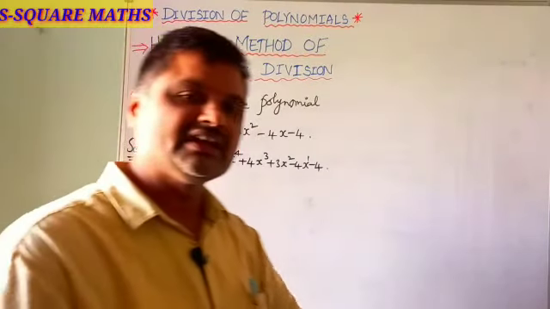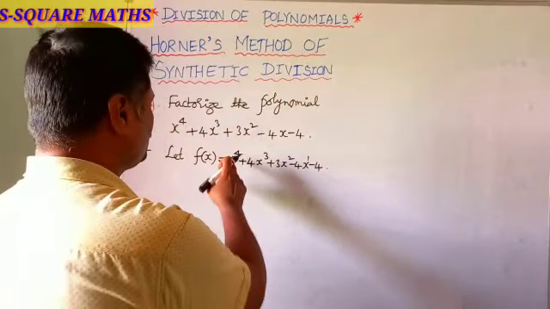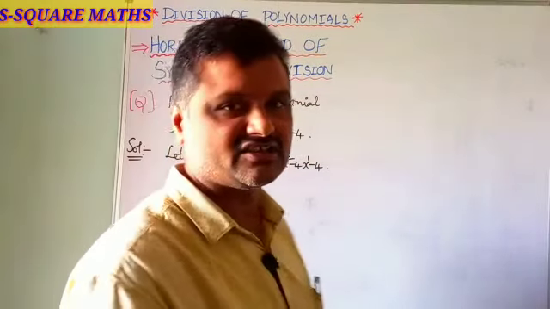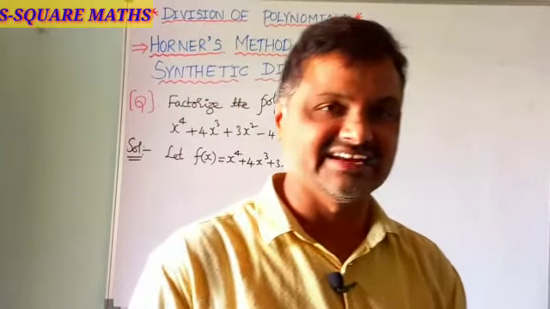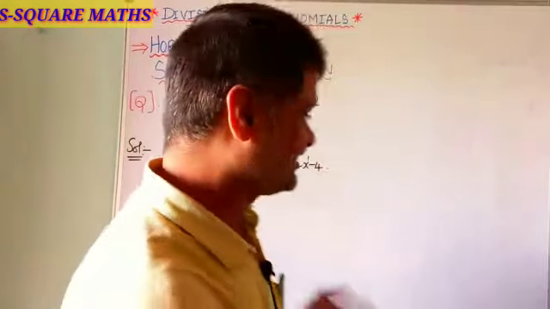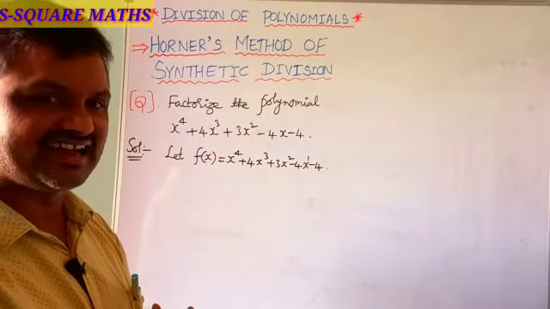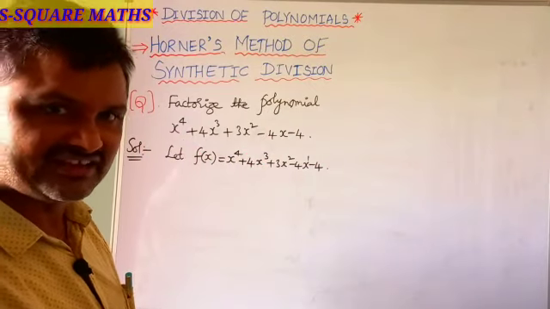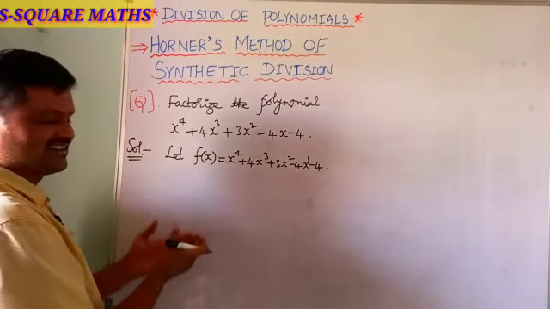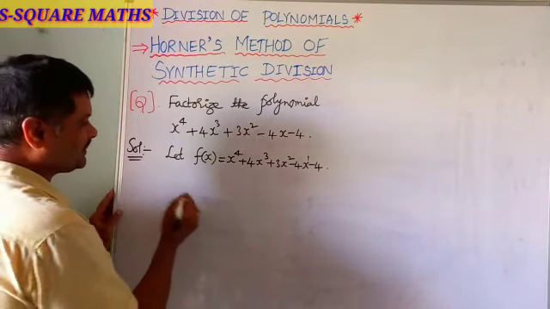As you know, the degree of a constant polynomial is always 0. So 4, 3, 2, 1, 0. The degrees of x in all the terms are in descending powers, hence it is said to be in standard form. If it is not, you have to write it in standard form. Now consider the coefficients of f of x.